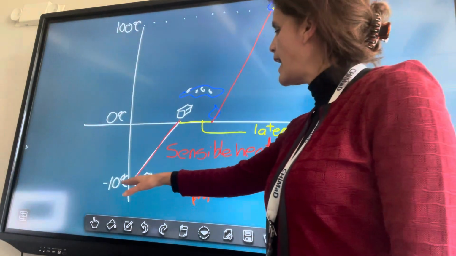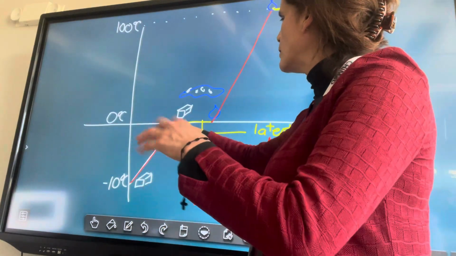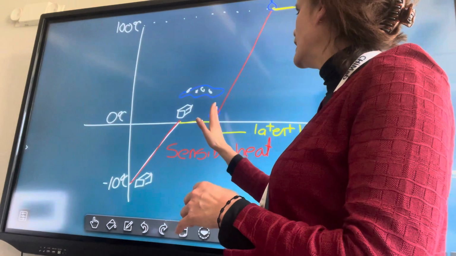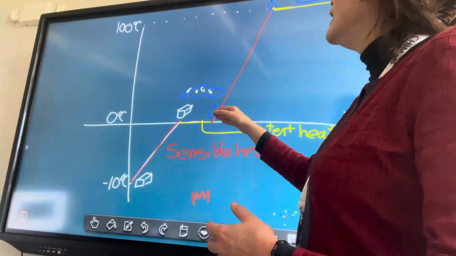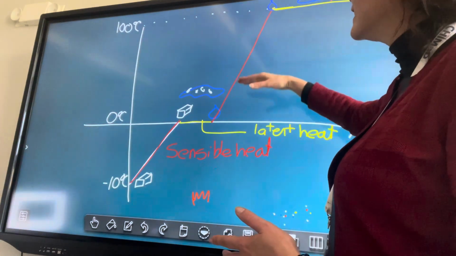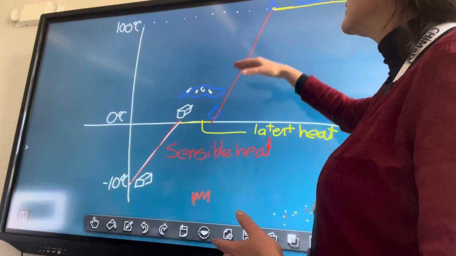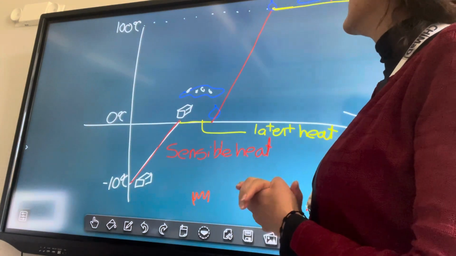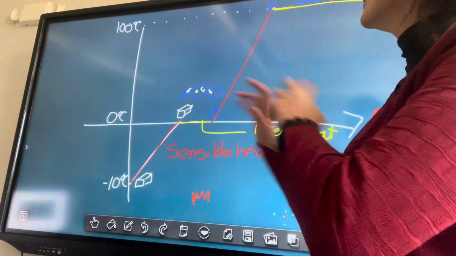So we have ice at 0. The molecules vibrate more and more until, from minus 10, they get to 0. Then they loosen until they get to water at 0. Then the heat that continues to be added is going to warm it up, increasing the average kinetic energy until it becomes water at 100 degrees C. Then we're going to start loosening those bonds.